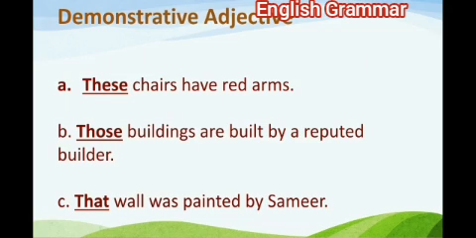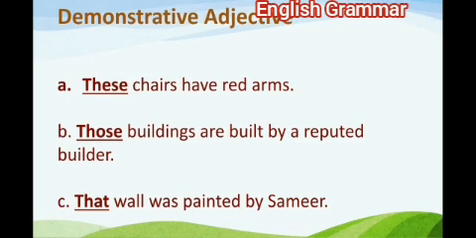These and those are used for plural nouns. When it's more than one thing we are talking about, we use these or those. We use these for things that are nearby, and we use those for things that are far away.